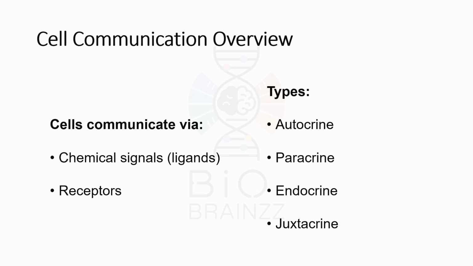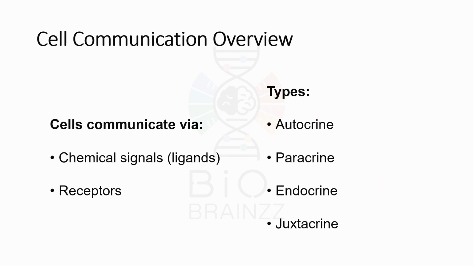As shown in the slide, cells communicate using chemical signals called ligands, which bind to specific receptors present on or inside the cell. This binding triggers a response inside the cell. There are different types of communication.